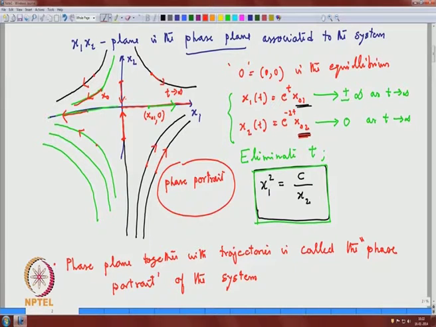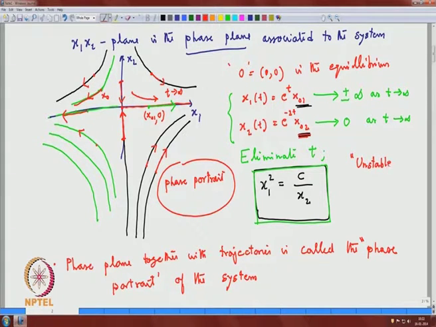Because at least one component of the trajectory moves, if you start a trajectory anywhere here, it moves away as t tends to infinity. So, it moves away from the equilibrium point. Whenever that happens, such equilibria are called unstable. So, this is an unstable equilibrium, it is not stable.